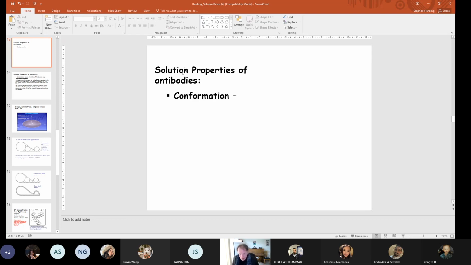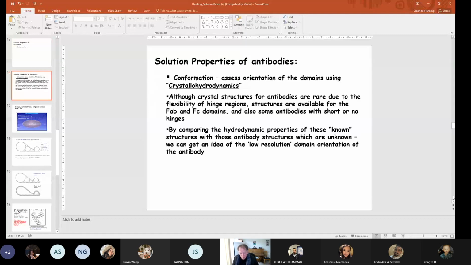And we're talking about solutions now, not the crystal structures of antibodies. If we're representing conformations in solution, we generally use models. And if it's a globular protein, like lysozyme, ribonuclease, or even the Fab and Fc fragments, the individual fragments of antibody molecules, then we can use simple models.